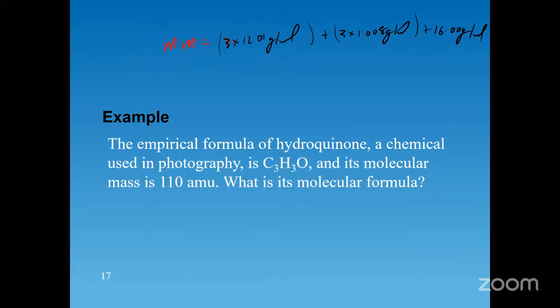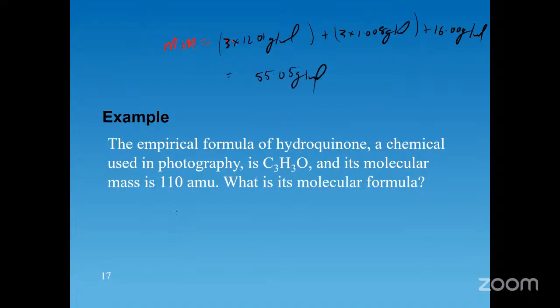So 3 times 12.01, that's 36.03, plus 3 times 1.008, and then I'll add to that 16. And the answer I got is 55.05 grams per mole, right?